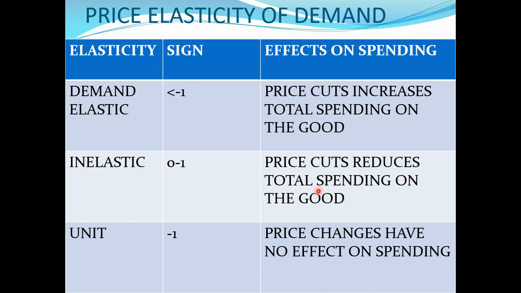Alright? And then there are cases when you have unitary elasticity. That is, your answer is just -1 flat. So what does that mean? It means that price changes have no effect on spending. You reduce the price by 5%, quantity demanded increases by 5%.